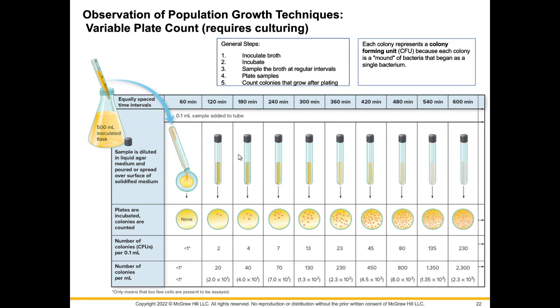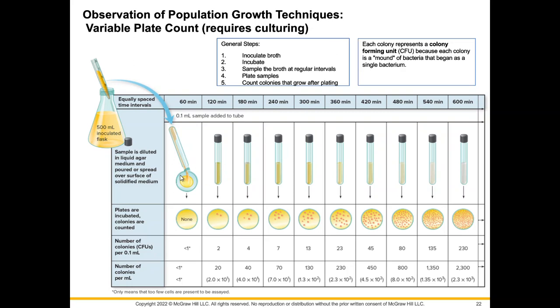For each one of these test tubes that we sampled over time, we will then plate them onto agar plates, and then we can count the number of colonies. Each of these spots that you see on the plates is a colony. It's a CFU, a colony forming unit. It's representing the CFU because each colony is basically a mound of bacteria that began as a single bacterium.